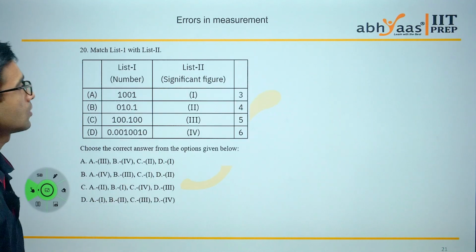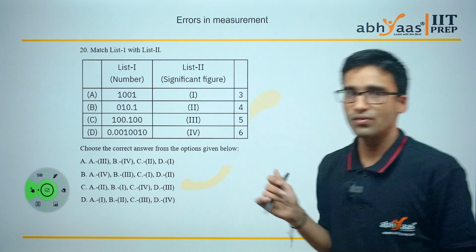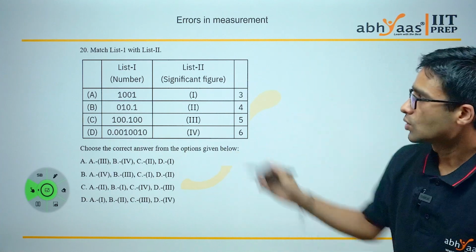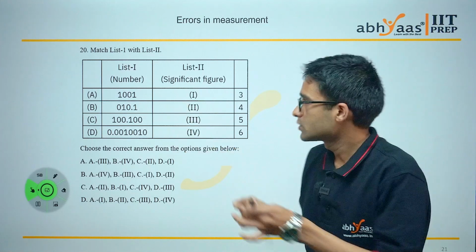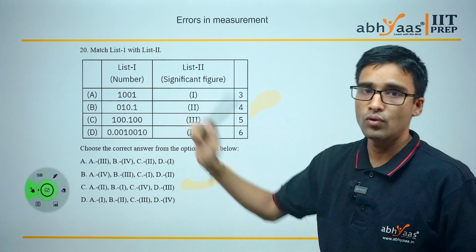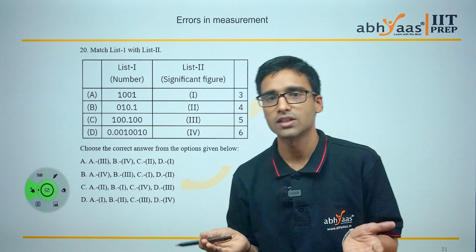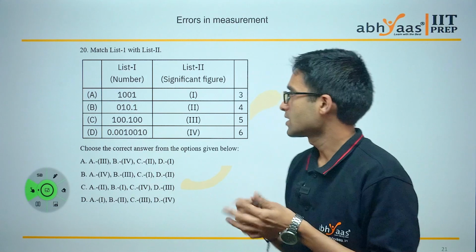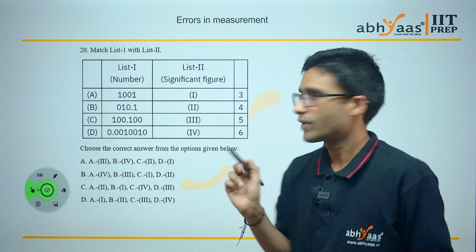Now coming to significant figures, this question is related to the number of significant figures. It is very easy. By seeing the question, you can understand 90% of the things. Here there are 4 values. In 1001, 4 figures are there.